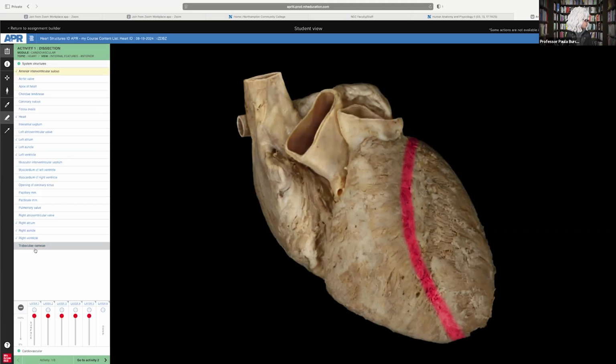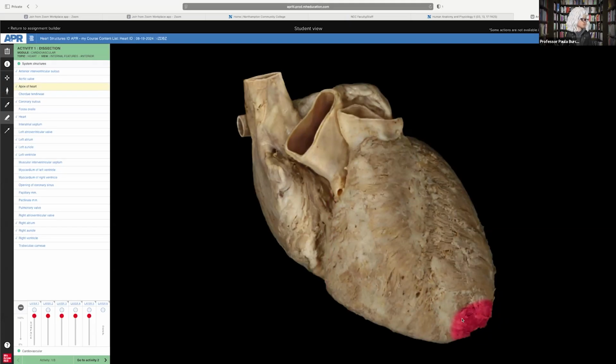In addition, we have a coronary sulcus, which is going to be a groove between the atria, and this would be the right atrium up in here, and the ventricles. So this is going to be the right ventricle here. You also have what's called the apex of the heart. This is the pointed part of the heart.